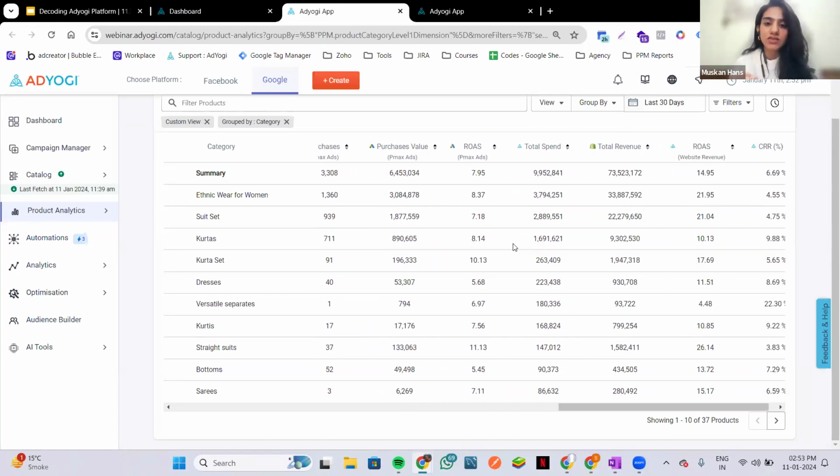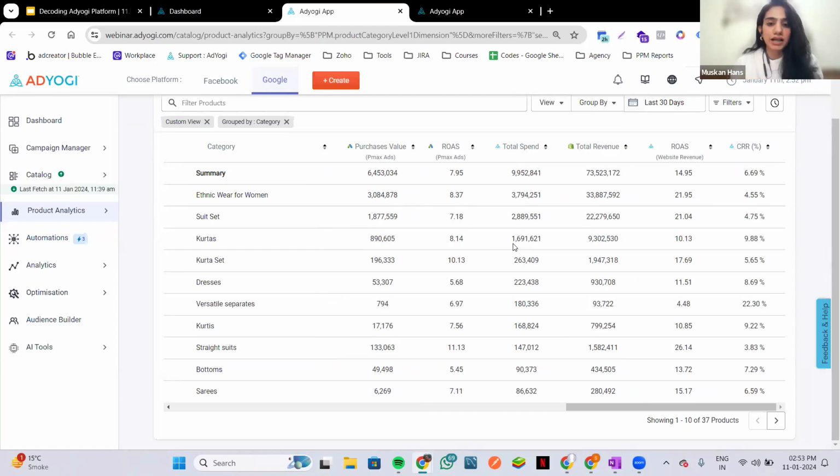Then lastly, we have certain metrics fetched from your website backend or your e-commerce store, that is your total revenue fetched from each and every category. So basically, the idea here is to give you a comprehensive view of all your categories from all the data sources possible under a single dashboard or a single view.